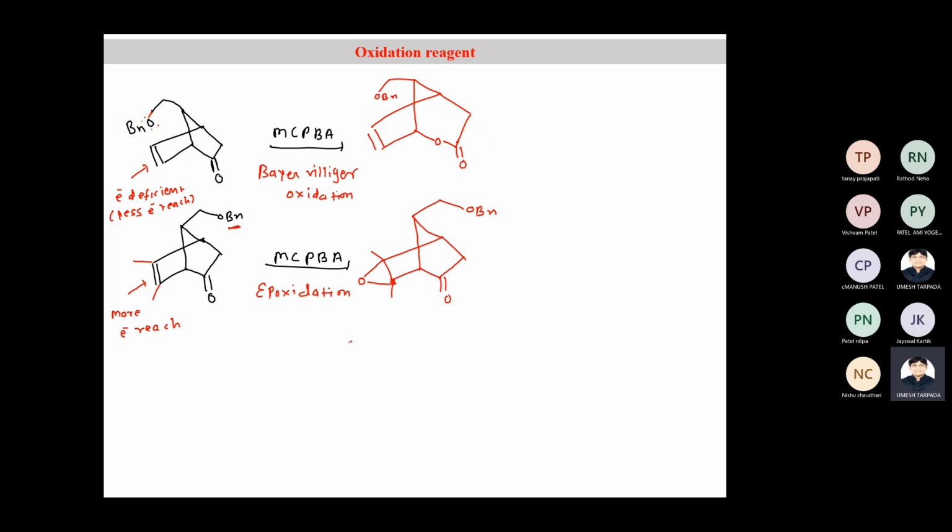Suppose this is the compound. You may have this compound with a double bond, and here suppose a methyl group, and here a tertiary butyl group. Both are on the same side. Now if you use metachloroperbenzoic acid, then what happens?